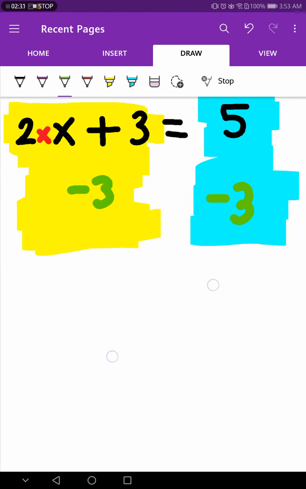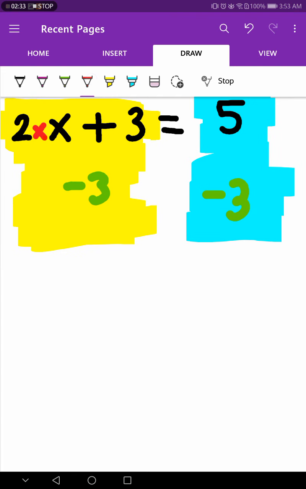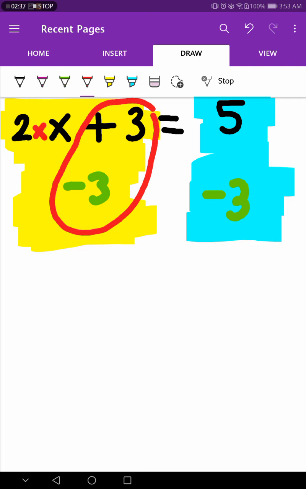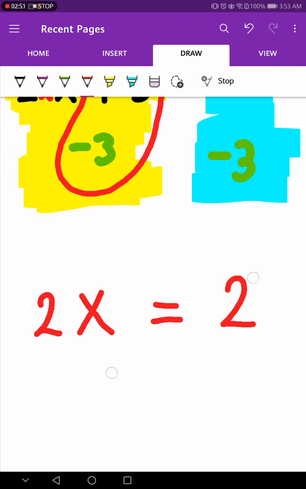When I did this, I eliminated this part of the equation and 2 multiplied by x comes down. 2x comes down, and in the right side 5 minus 3 equals 2. Now I have this equation.